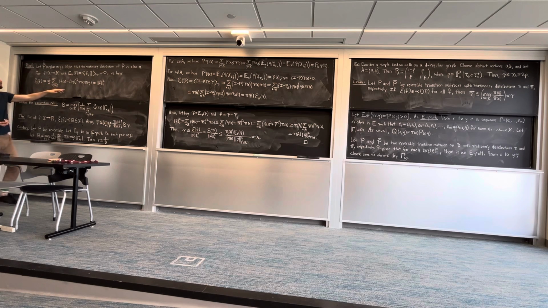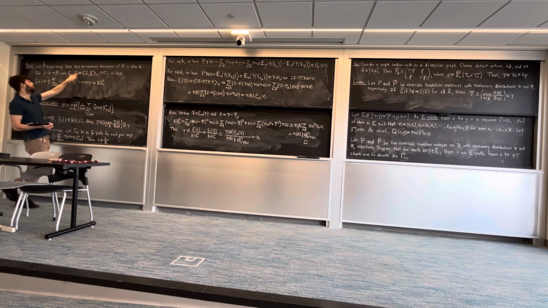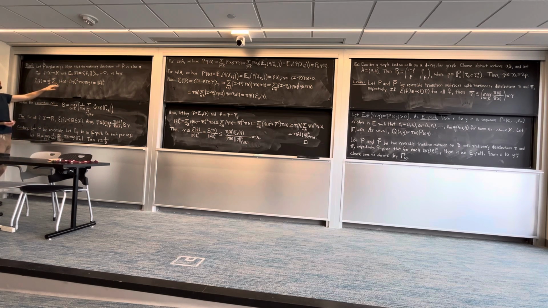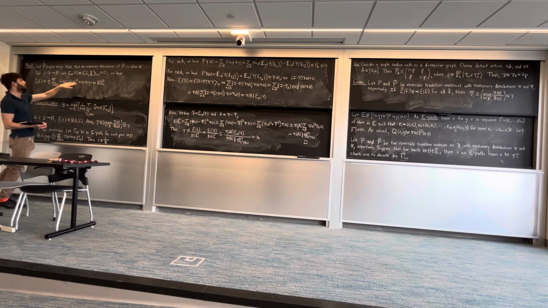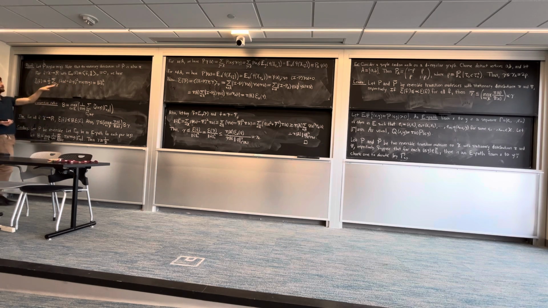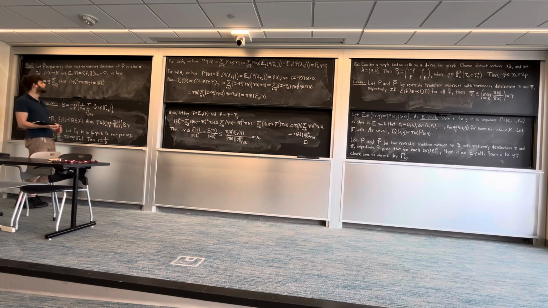The reason it's the 2 norm of f squared is because you expand this out. If you take the sum over x, y of the linear term with f of x, f of y, pi of x, pi of y, that becomes 0 because of this assumption. So this is really the sum of f of x squared plus f of y squared, pi of x, pi of y, and then you sum that up and you end up getting this.